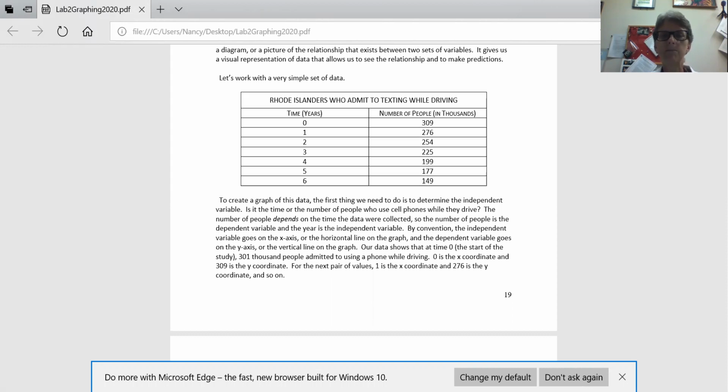In this particular example, it's over a number of years. So time would be our independent variable that would go on the x-axis. The number of people at each time point would then go on the y-axis. Okay? So you need to make sure that you understand the difference between those two.